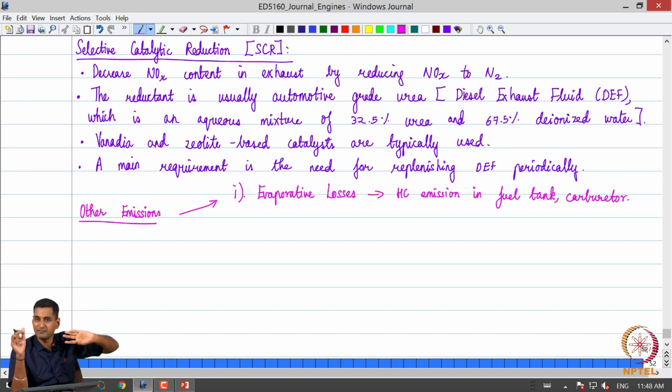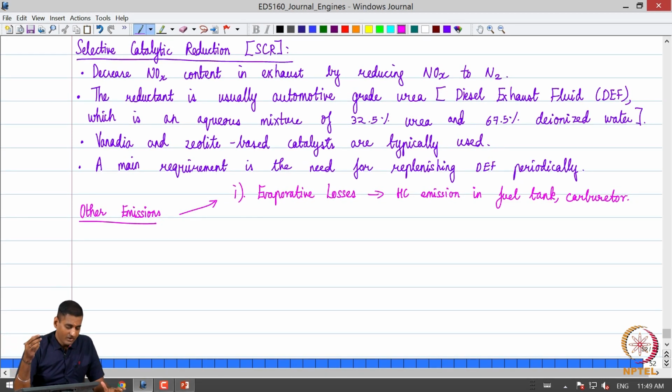They escape to the atmosphere. When the fuel tank cools down, air from the atmosphere will enter through the vent into the fuel tank. But anyway, we have lost the fuel vapor. So that is how this evaporative hydrocarbon loss takes place in the fuel tank.